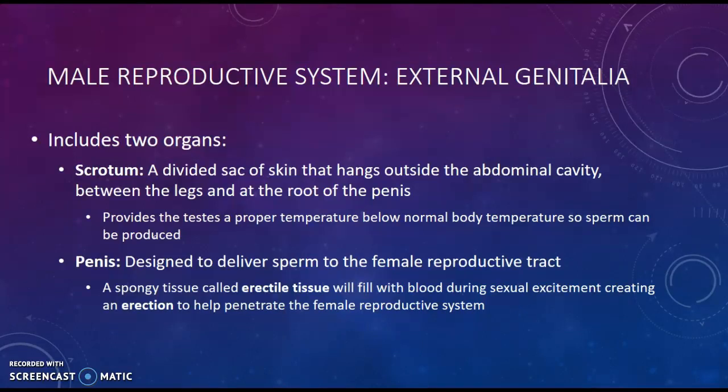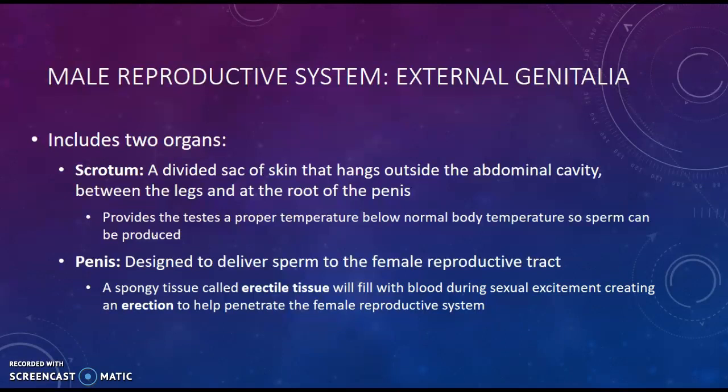All right, our external male genitalia includes two major organs, the scrotum and the penis. Your scrotum is the sac that holds the testes outside of the body. It's important to understand why we have this. When we think about the female reproductive system, it's all internal, but with the male, a lot of it is external.